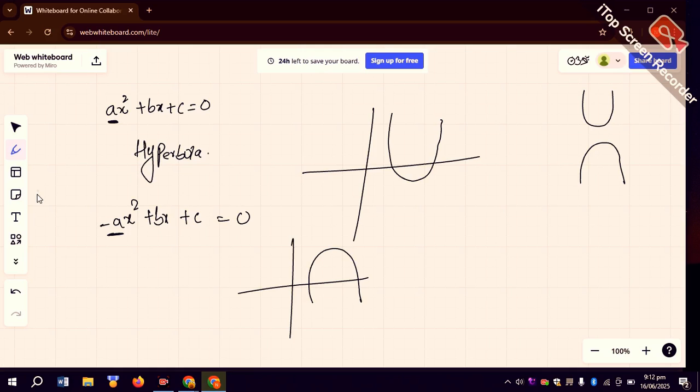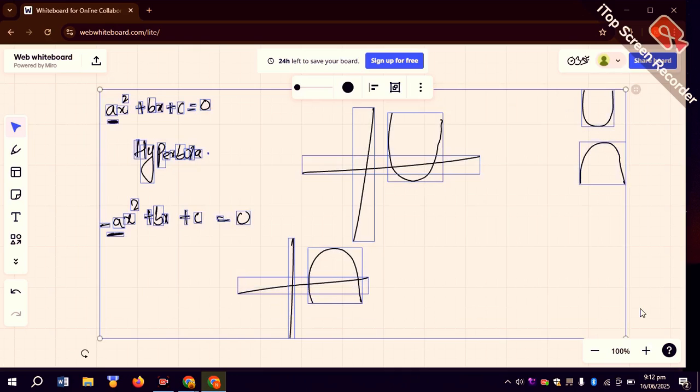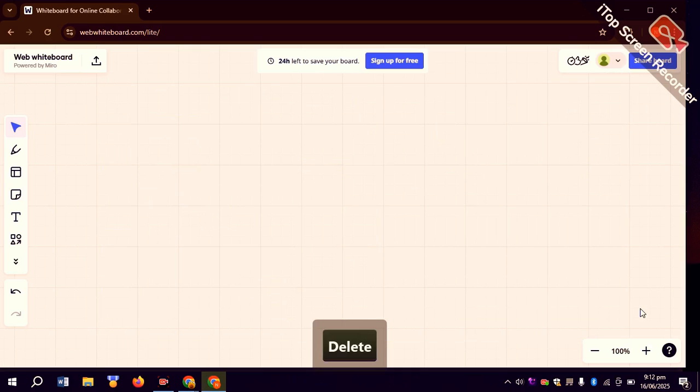Now I'm going to explain that if the equation is given and you have to find the roots of the equation and the turning point of the equation, how will you do that? Let me write down the question.